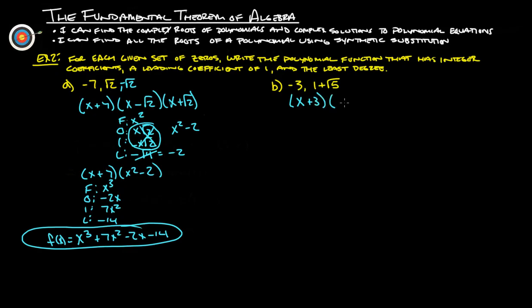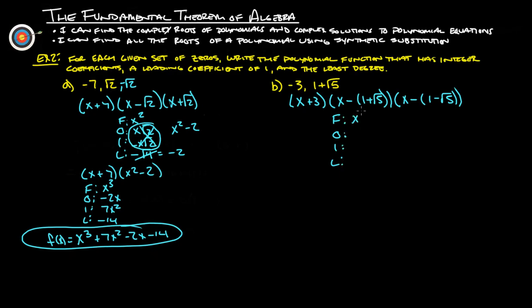And then we're going to have to multiply this by x minus 1 plus root 5. And our complex conjugate root theorem says that it's also going to have to be x minus the conjugate of this, which is 1 minus root 5. And then we have to FOIL this whole thing out too, right? We'll leave that x plus 3 for the end, and do these first. It's going to look kind of messy at the beginning, but it will clean up nicely.